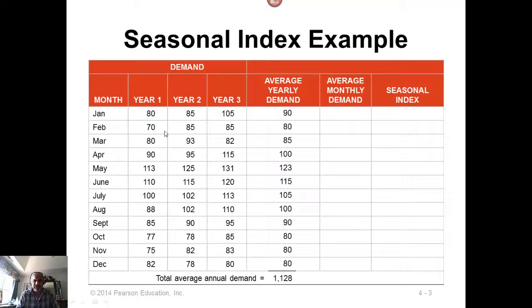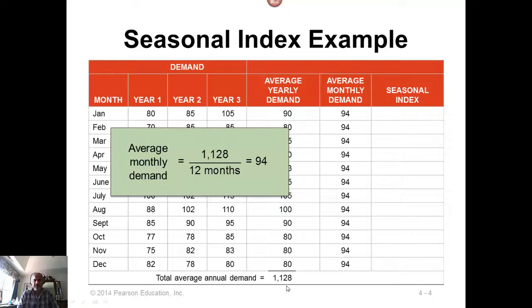This is the average of these 3 numbers. Now you average these averages, then the monthly differences will get averaged away. You take that 1128 and divide by 12 months, you get 94. So 94 is the value that is stripped off all the seasonality.